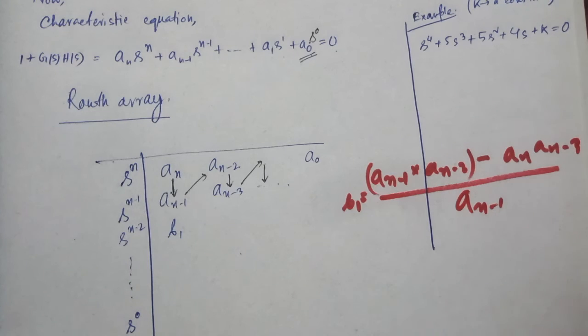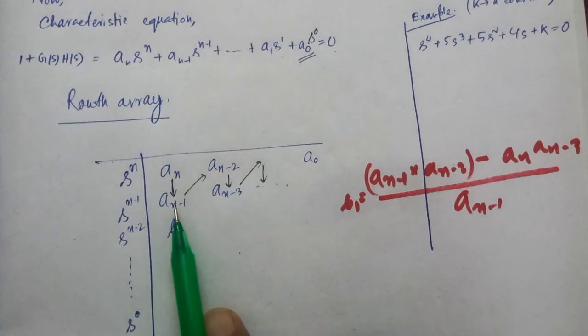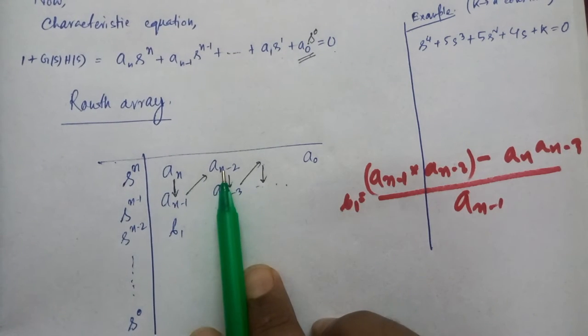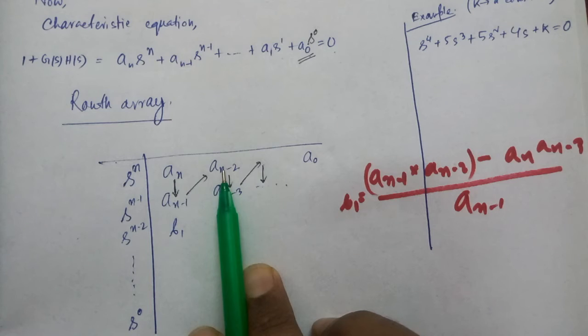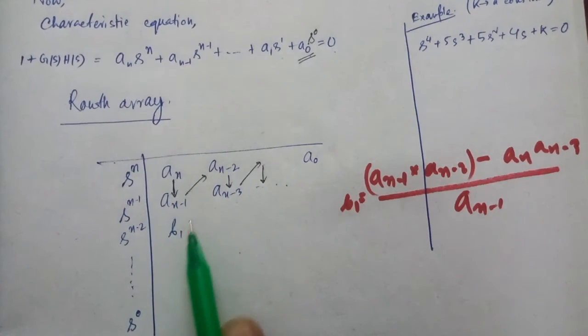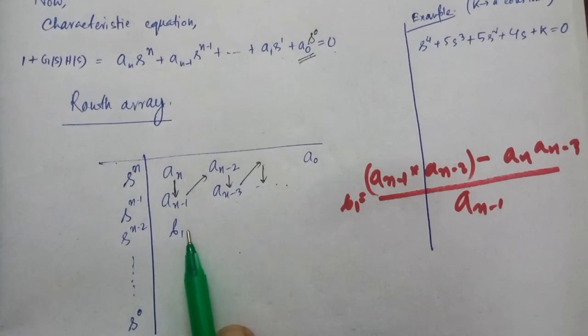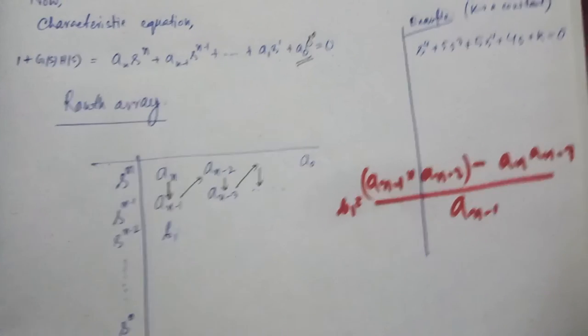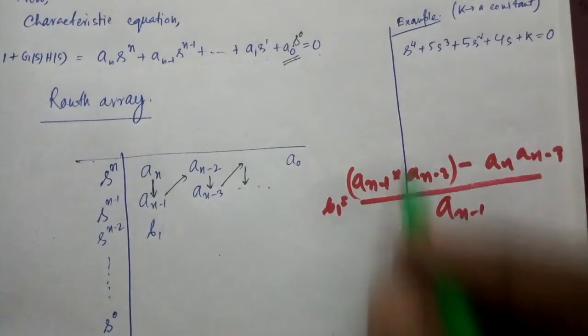This is actually kind of like determinant formation, but the system is not the same. So we can take the name as array. So b_1 is a_(n-1) into a_(n-2) minus a_n into a_(n-3) by a_(n-1), that we write here.